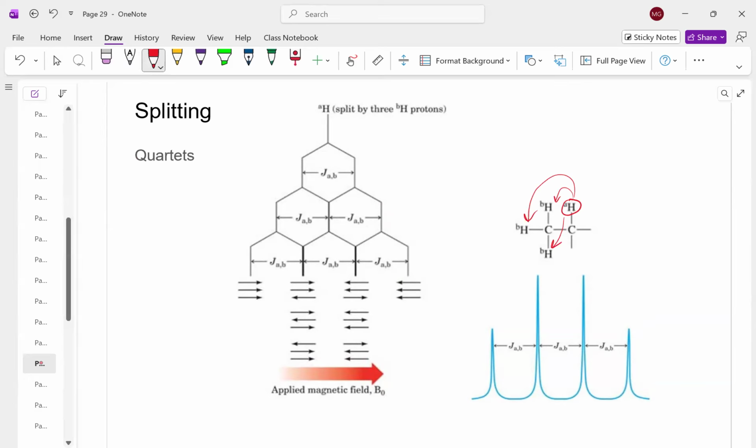Okay. And so there's a lot of different possible combinations. So we have one combination where all three B hydrogens are aligned with the field, all three are aligned against it, and then a bunch of combinations where two of them are aligned with it, one is against, and vice versa.